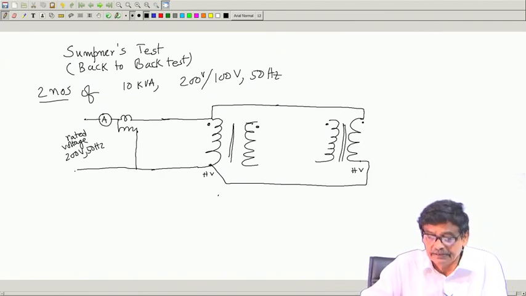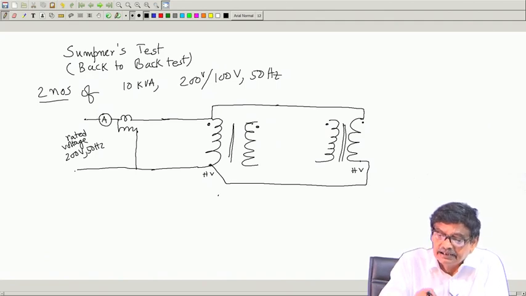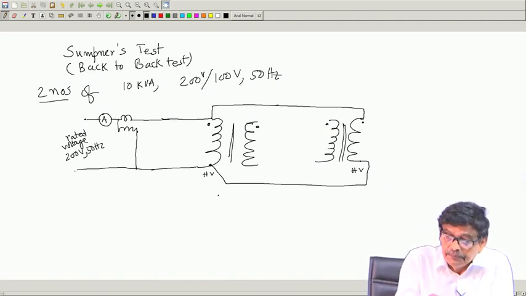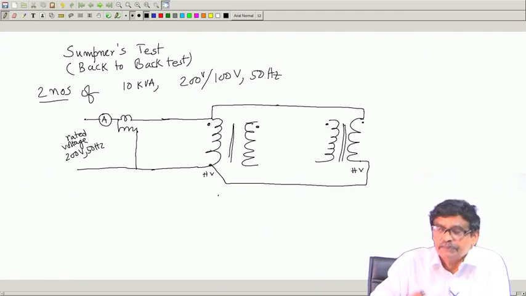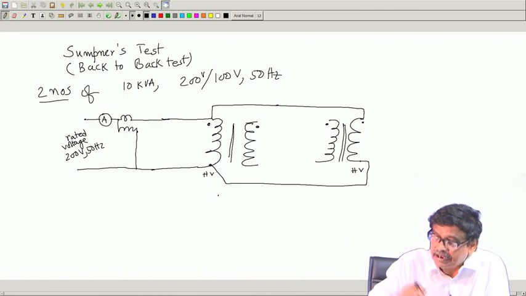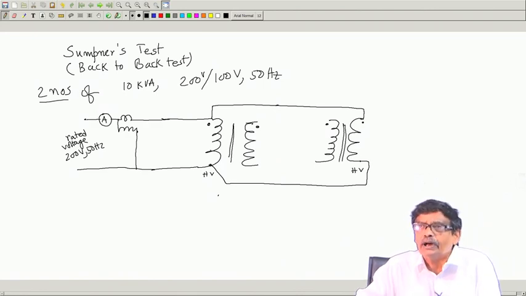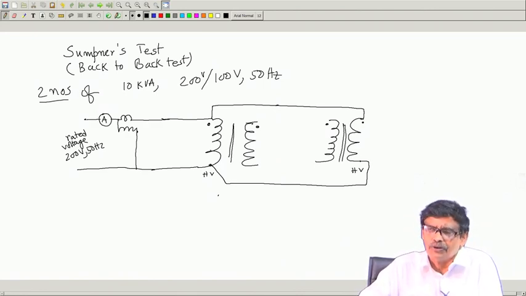What do you think this ammeter will read and this wattmeter will read? If you apply this, these two transformers are manufactured by the same manufacturer with the same ratings, they are expected to have the same parameters, same core loss, etc. It is a very good assumption.